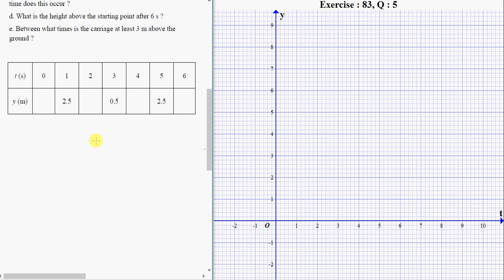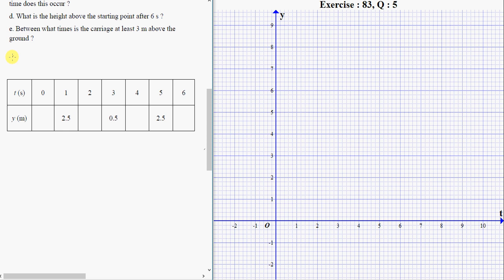Now, using calculator, we can easily find y equal to 0.5 t squared minus 3t plus 5.